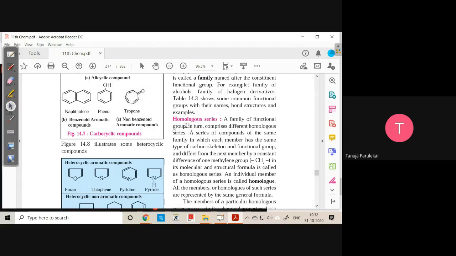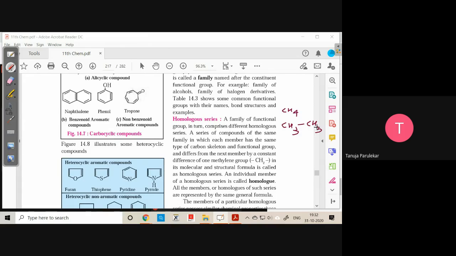Okay, for example, now if I want to represent one series, say for example, this is my first, CH4. Okay, after that I add CH3 CH3 and CH2.